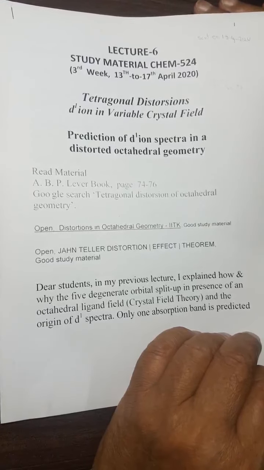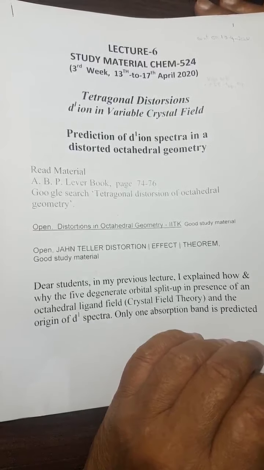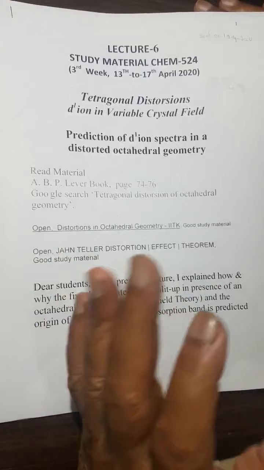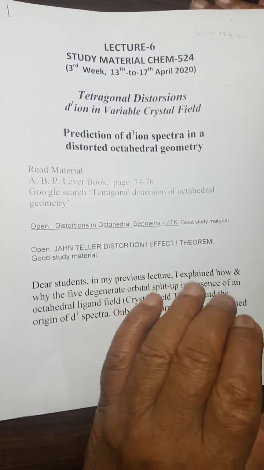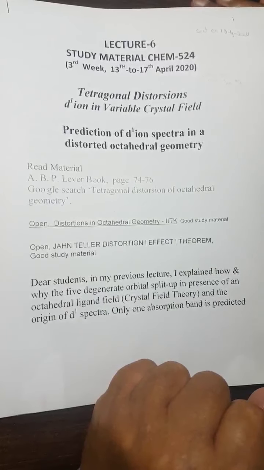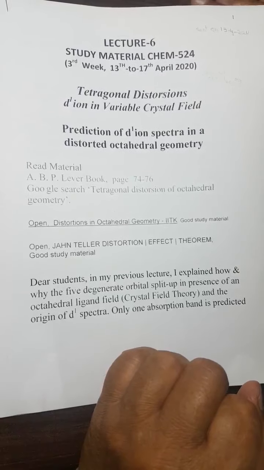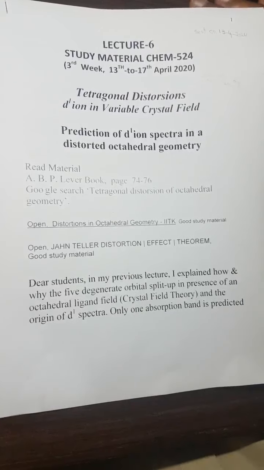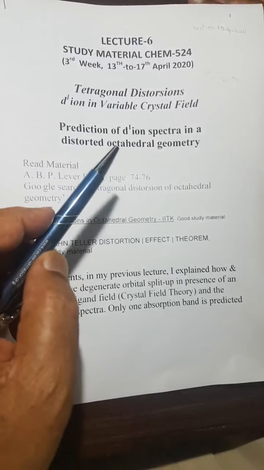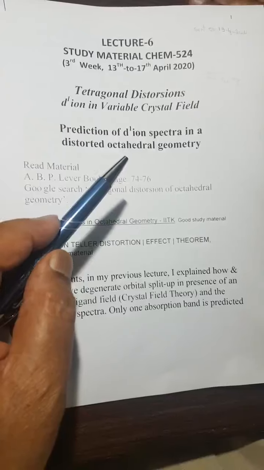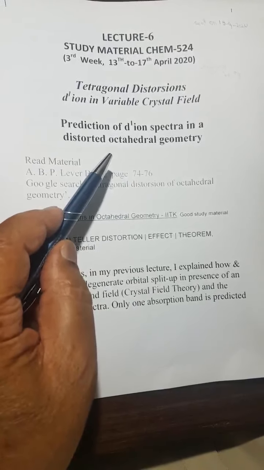So what I was saying is we are able to predict the UV-visible spectra of a d1 ion in distorted octahedral geometry as well. When we learned crystal field theory, we learned to predict spectra of a d1 system in a simple octahedral crystal field.